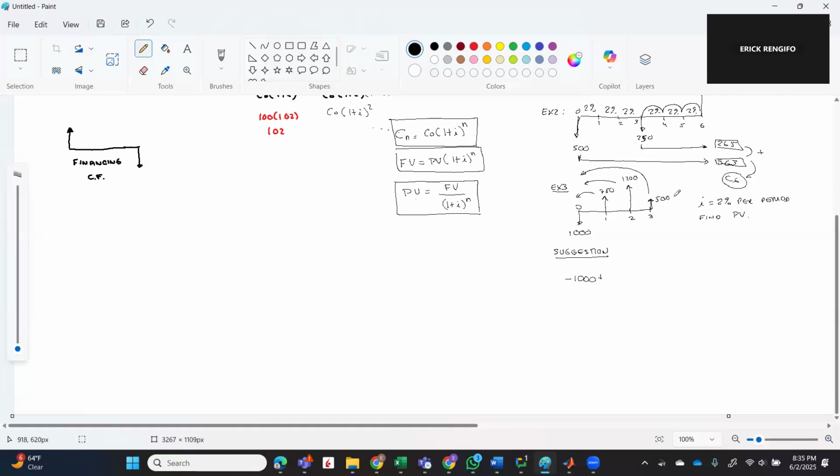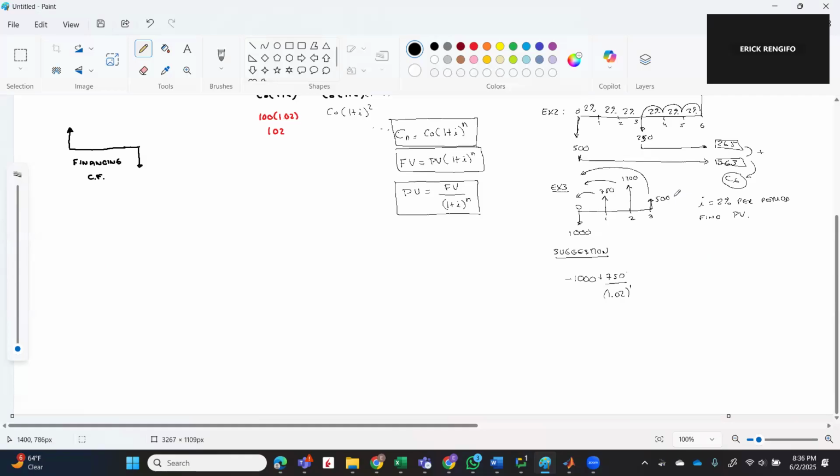I'm going to use the PV formula, because I'm moving from the future to the present. The 750 is going to be divided by 1.02 to what power? How many times do I need to move the 750 to arrive at zero? 1. Guys, pay attention because this is crucial for the examples we're going to be doing in the future. Do you agree with me or not?